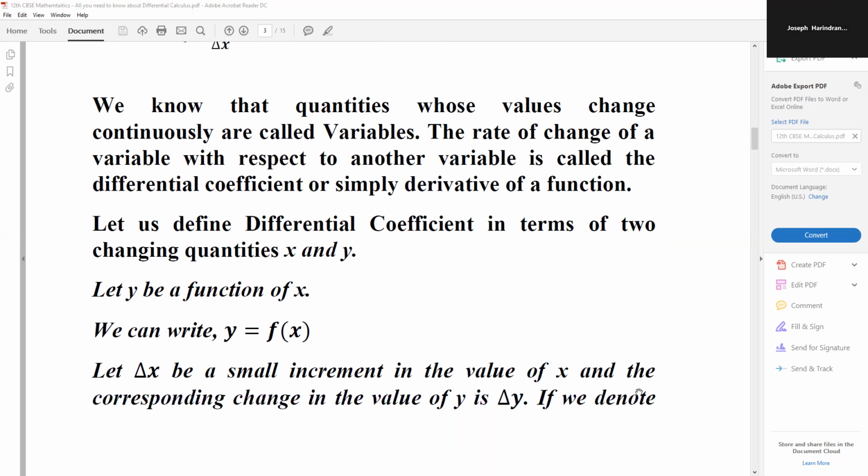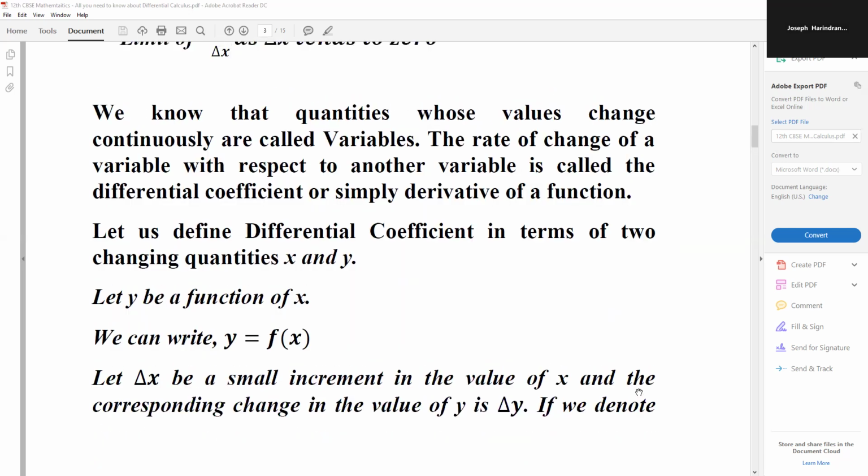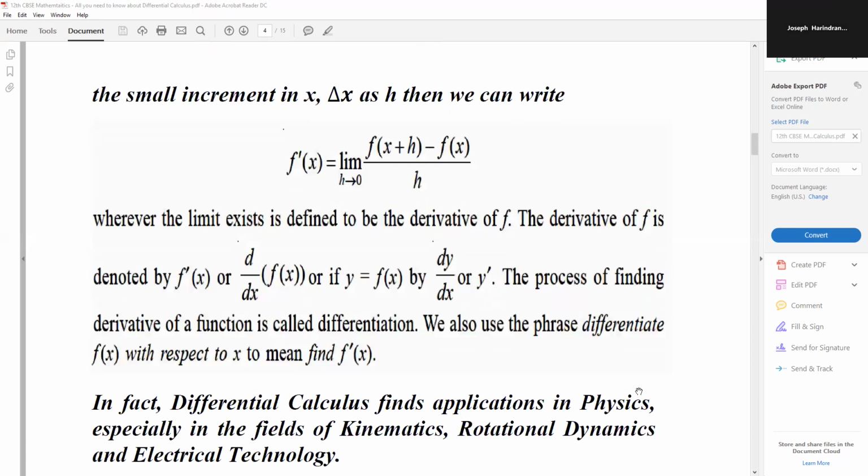Let delta x be a small increment in the value of x, and the corresponding change in the value of y is delta y. Now, if we denote the small increment in x, delta x, as h, then we can write f dash of x is equal to limit h tends to 0, f of x plus h minus f of x by h.